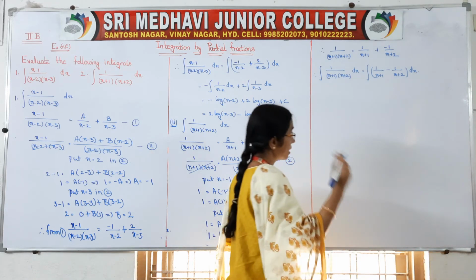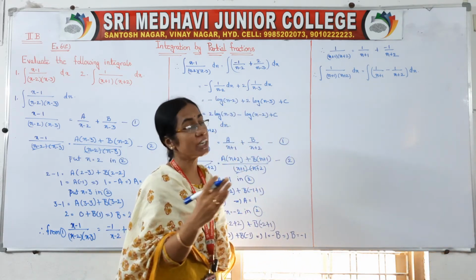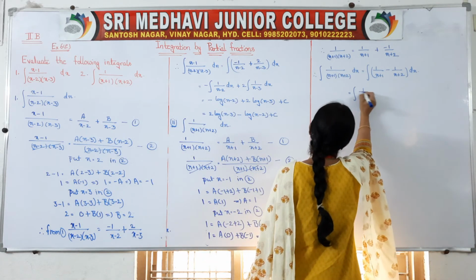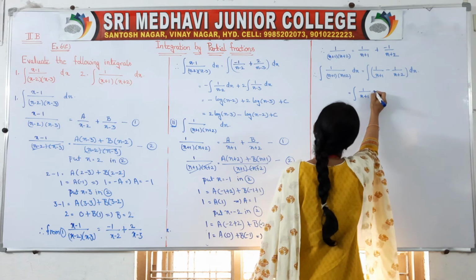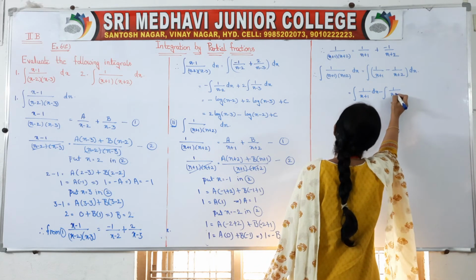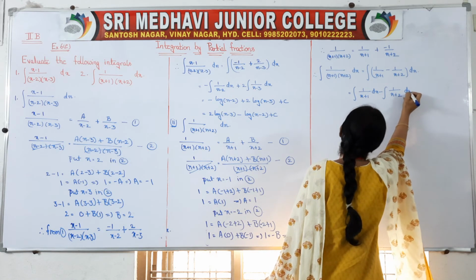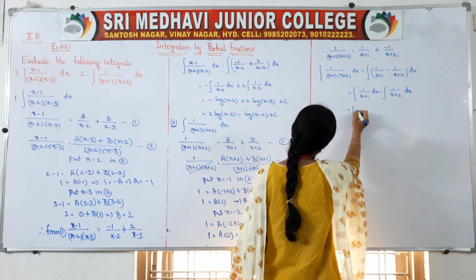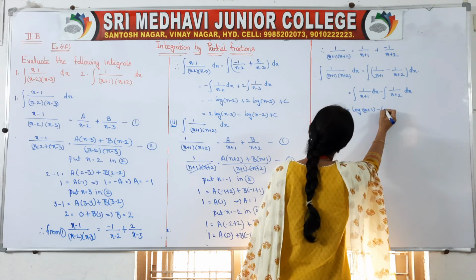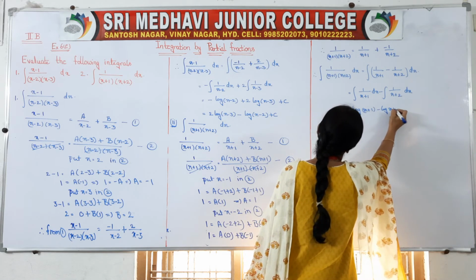Whenever plus or minus is there inside the integral, we have to take separate integrals. So we can write this as the integral of 1 by x plus 1 dx minus the integral of 1 by x plus 2 dx. So what is this? This is log of x plus 1 minus log of x plus 2.